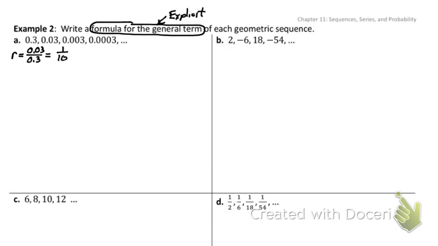And if you multiply all of these by 1/10, you can get to the next one. 0.3 times 1/10 is 0.03. 0.03 times 1/10 is 0.003. 0.003 times 1/10 equals 0.0003. So we got an r value of 1/10. It is geometric.